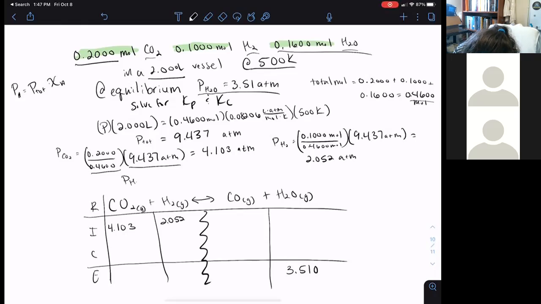So PH2O is equal to my mole fraction of H2O, 0.1600 moles divided by total moles, 0.4600 moles.